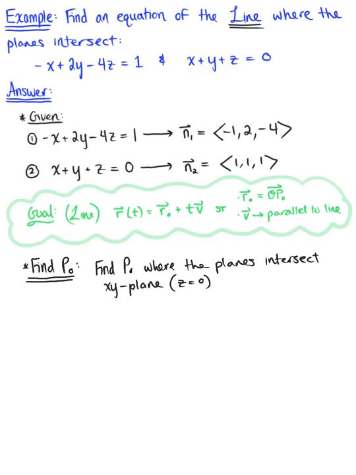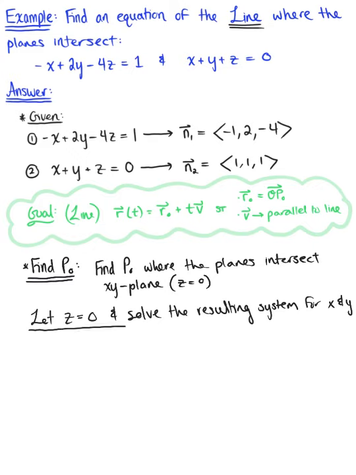So in order to find this point, we're going to let z be equal to 0, and then we'll solve for x and y. So we let z be equal to 0, and we solve the resulting system for x and y. So thinking about our first plane, plane number 1, this becomes minus x plus 2y minus 4 times 0 equals 1.